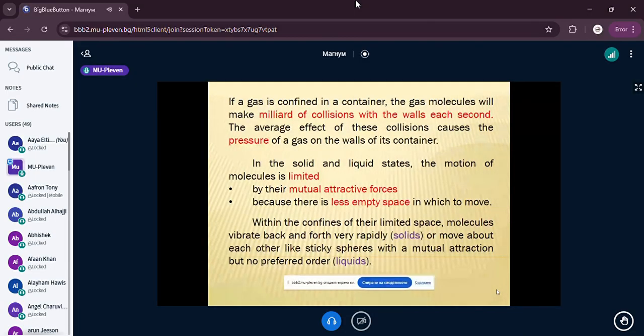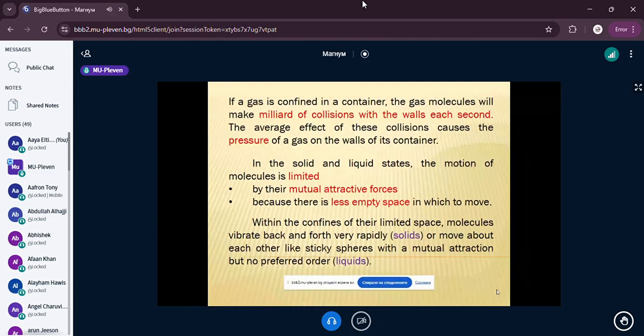Which means that those collisions exert what? Pressure on the container walls. And really, this pressure of the gas is the reason for the transport phenomena we are going to discuss today.